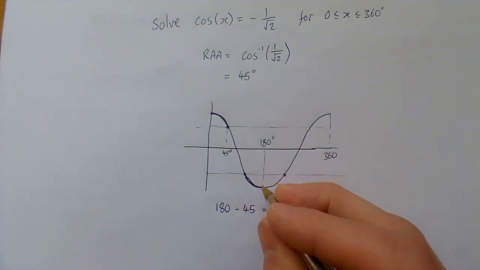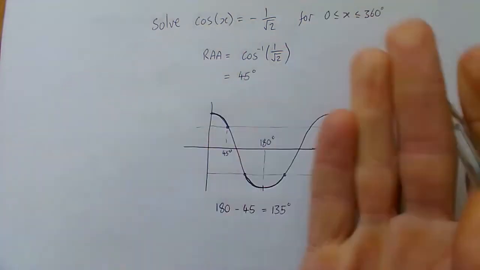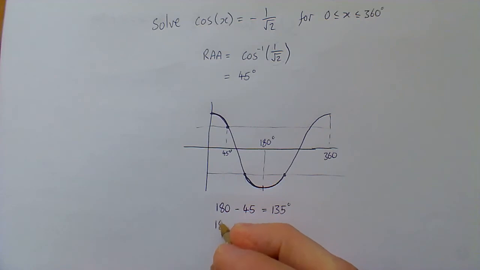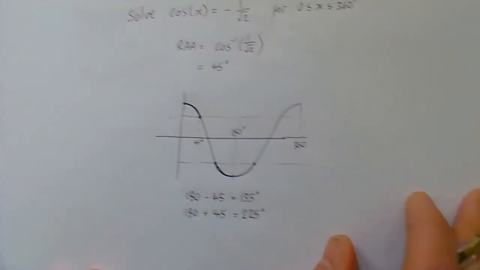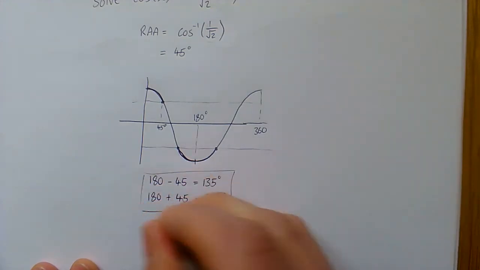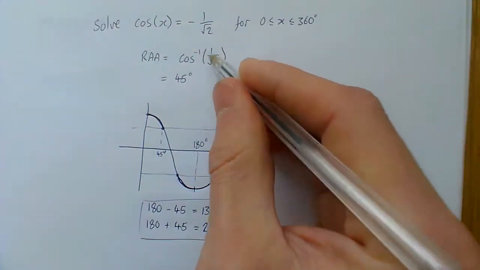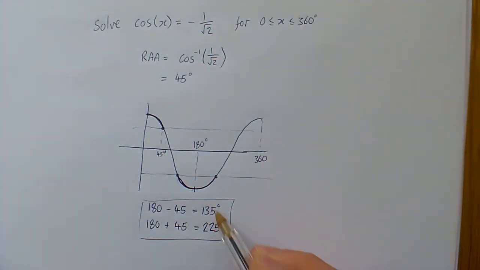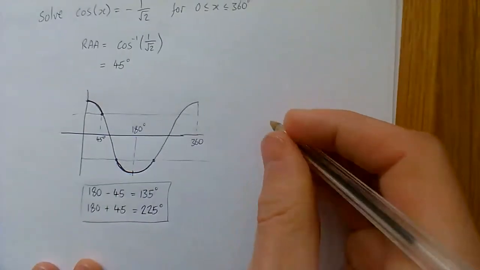Equally, this bit of graph here is identical to this bit here, except flipped over. So my other value is going to be at 180 plus 45, which is 225 degrees. That gives me my two values, and these are my two answers. The relative acute angle does not count because it gives us a positive 1 over root 2. Only these two angles here will give us a negative 1 over root 2.